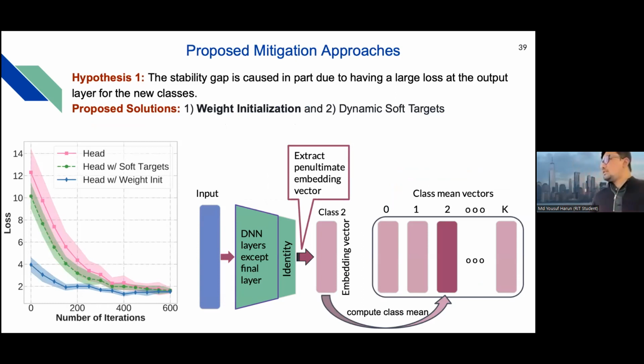It turns out that if we keep the output layer weights randomly initialized, that causes a higher loss at the output layer.